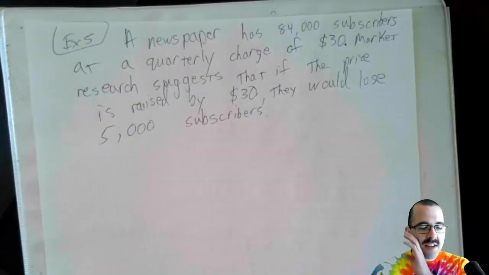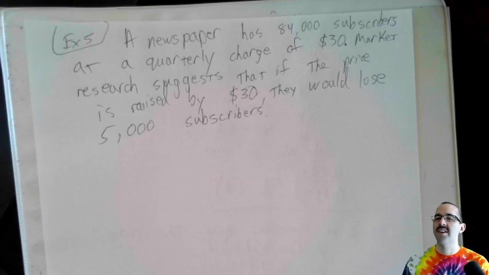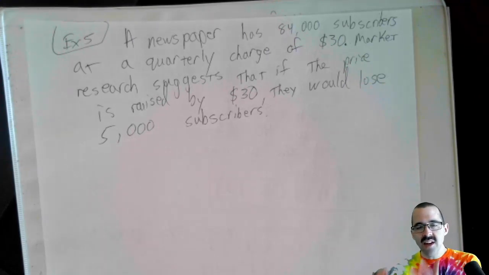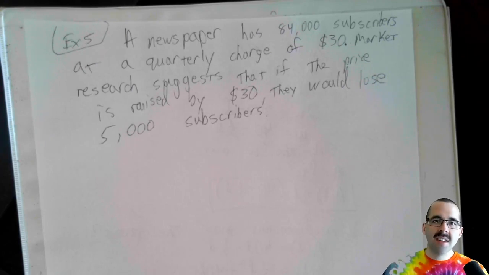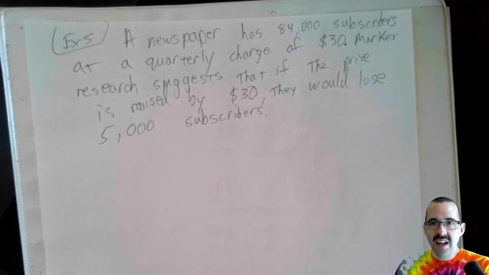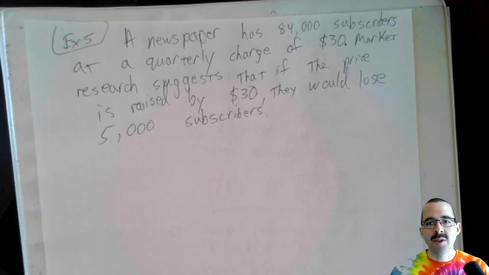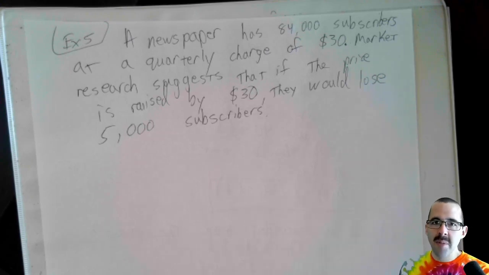And this is essentially a situation that's very, very common in any business. If you have customers and you raise the price, obviously you make more money per unit, whatever you're producing, newspaper subscriptions or any other sort of object. But of course, the more you raise the price, the fewer people are going to buy it.